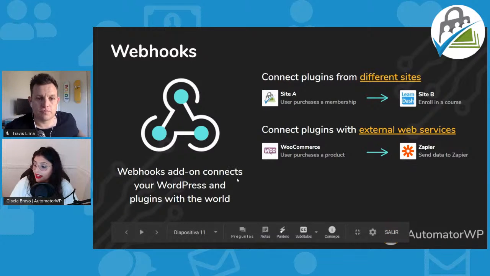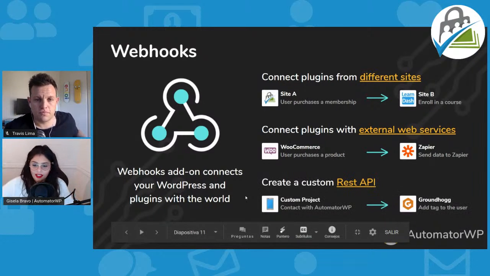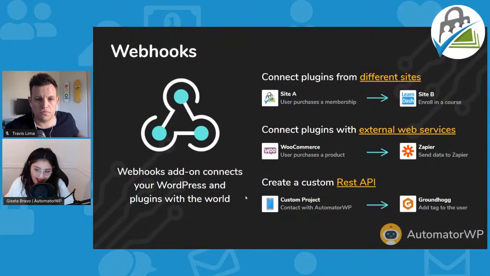Okay, and another thing, I think this is just for experts, maybe, but let's imagine that we have our own project and we have a mobile application, okay? And when a user clicks on a button in our application, which is not WordPress, it is an Android application, I don't care.